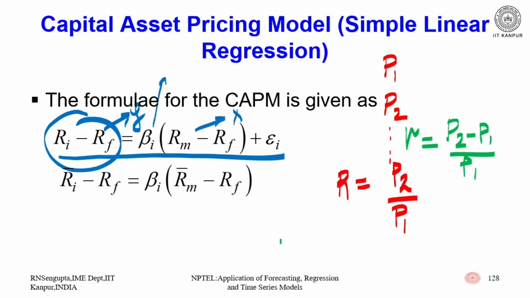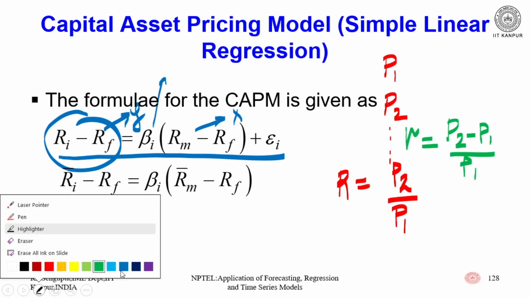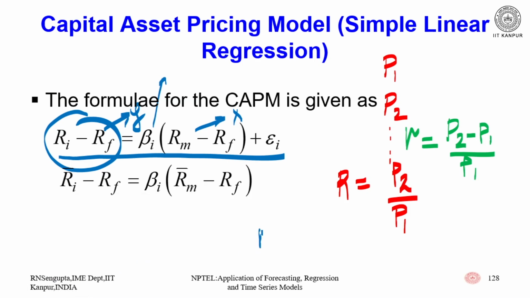But actually the return small r, I will use a different color because the formula is different, is ln, the natural log, the logarithmic Neperian log, of P2 by P1. So we will get the small r value, and we can replace that here also.